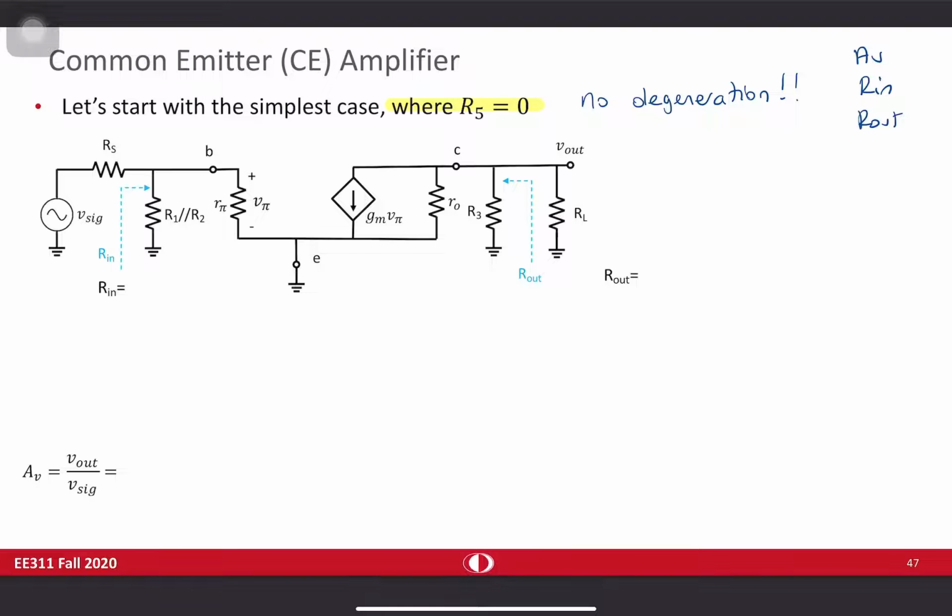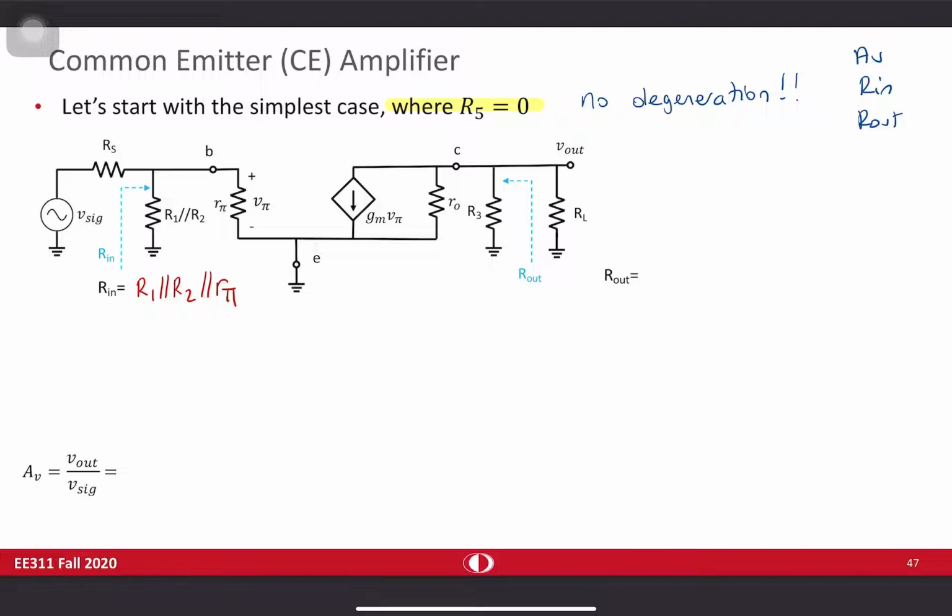Rin is quite simple. The resistance seen from here has three components, R-pi, R1, and R2, these three resistances in parallel. So you can directly write Rin as R1 in parallel with R2 in parallel with R-pi.